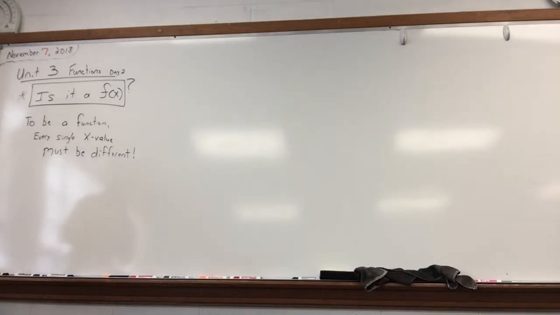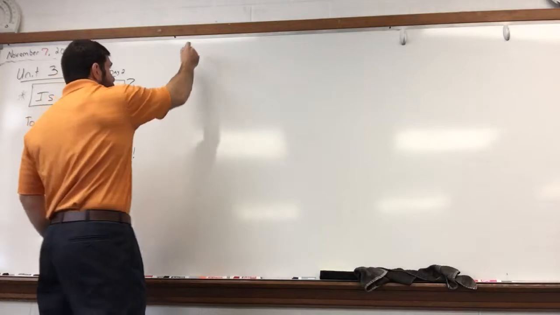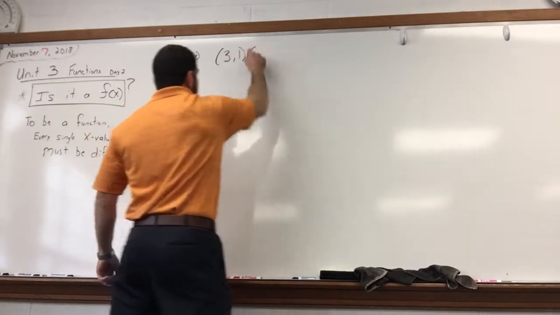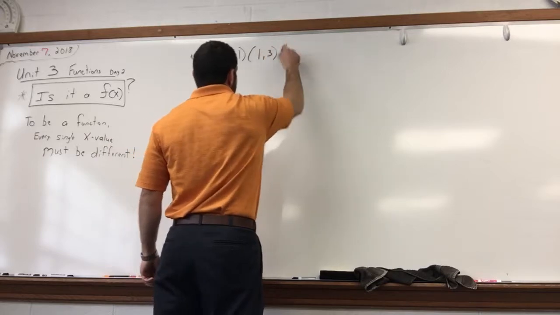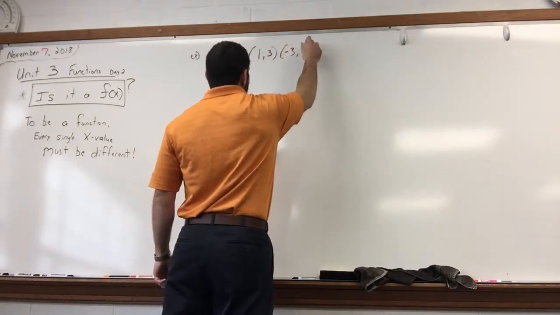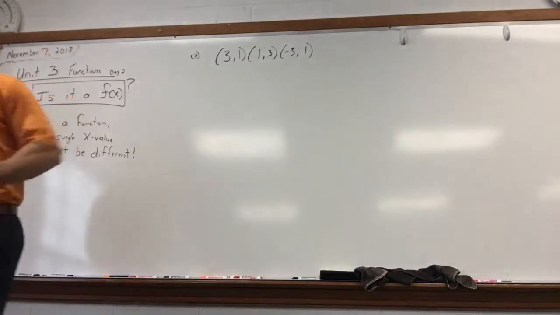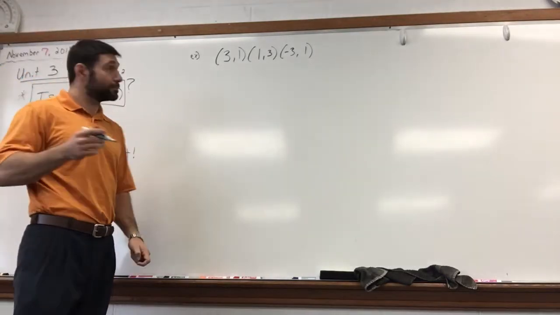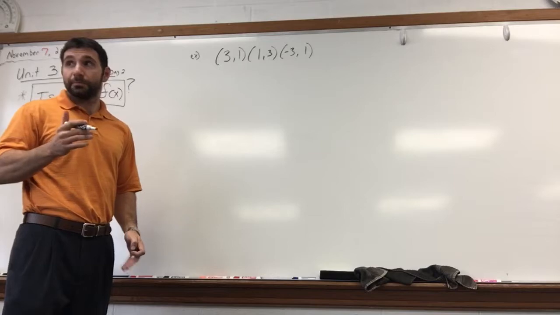Yesterday, we did a nice quick one. I gave you ordered pairs: 3, 1; 1, 3; negative 3, 1. And I could say, is this a function? Yes, it's a function, because all the x values are different.